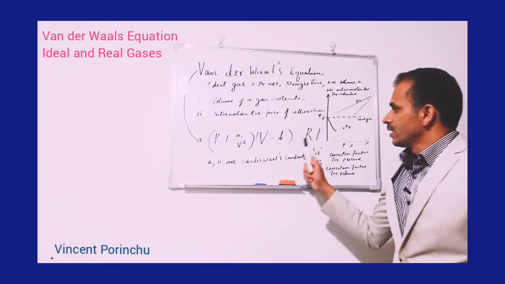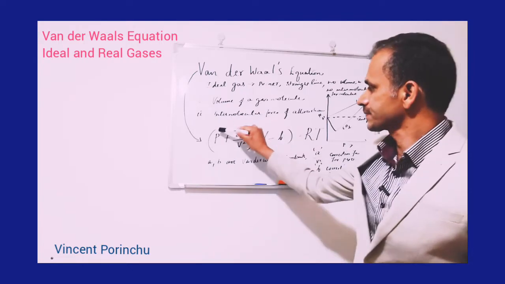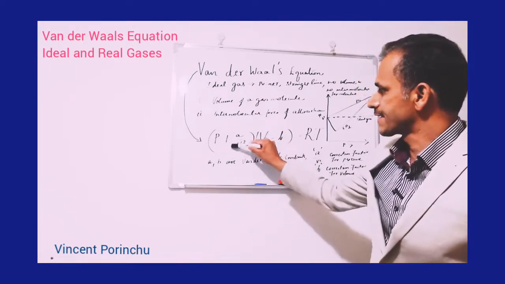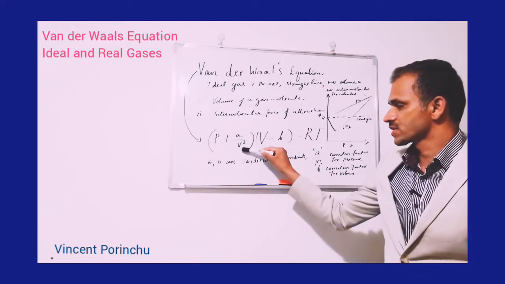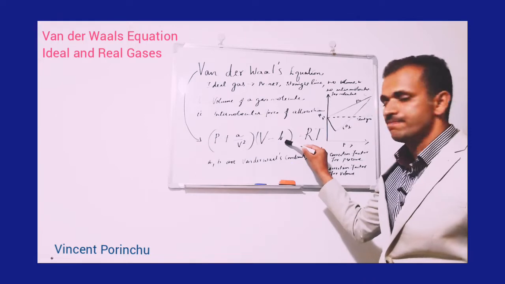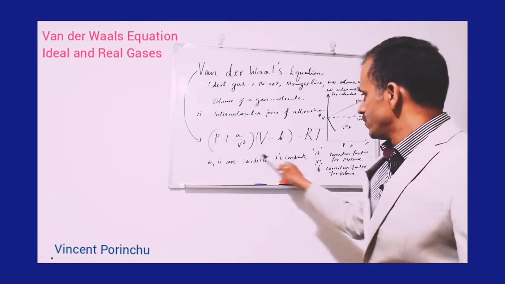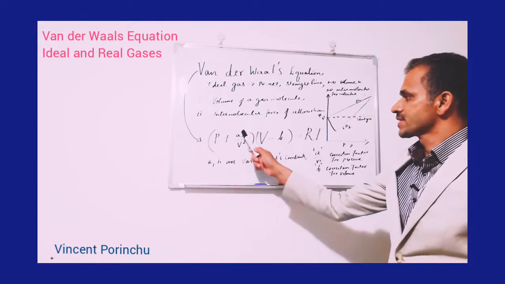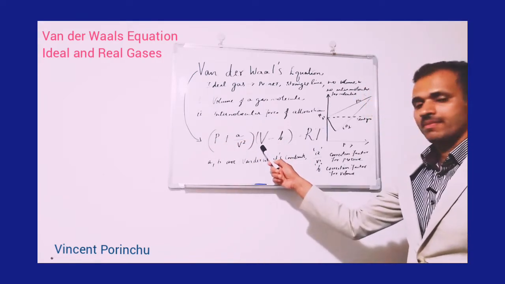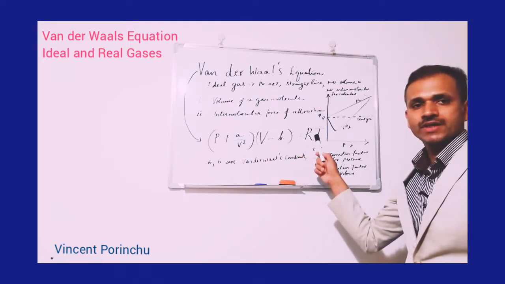So Van der Waals modified it by introducing correction factors on pressure and volume, like a by V squared and b. So we got a new form of equation for 1 mole of a gas: P plus a by V squared, multiplied by V minus b, is equal to RT.